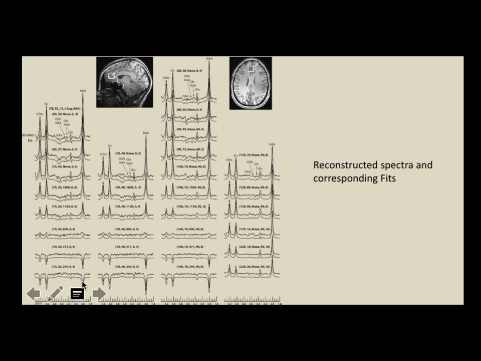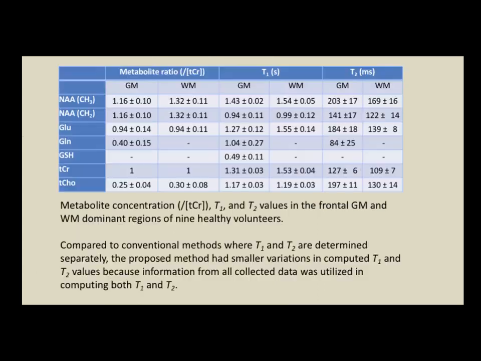The negative peaks are caused by the inversion recovery pulse. So for each set of parameters, the density matrix simulated basis set can fit the data very well. From this data, we can get the T1, T2, and the concentrations of each metabolite.